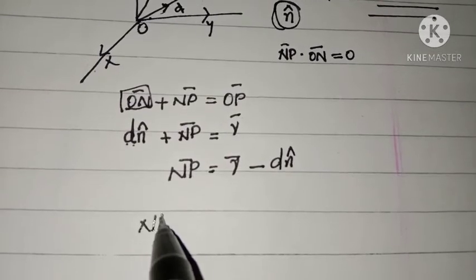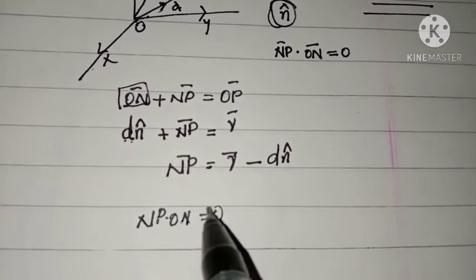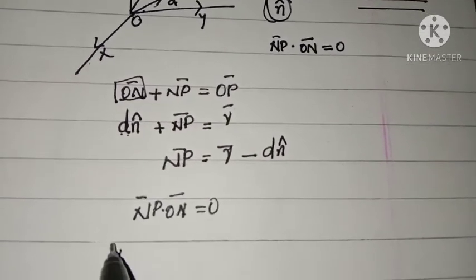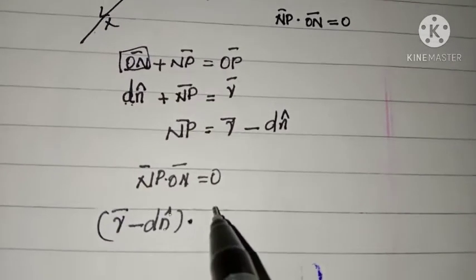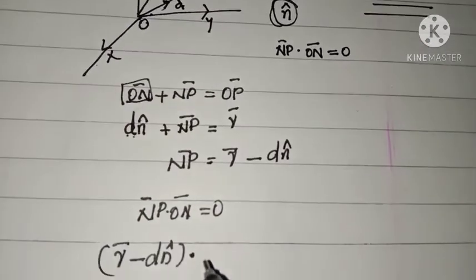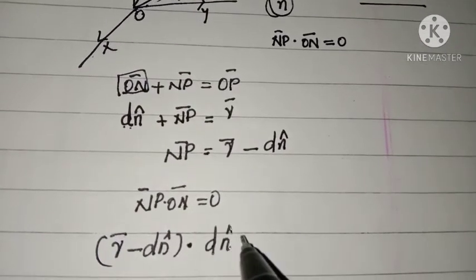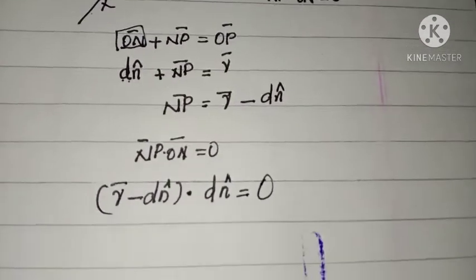So NP dot ON is equal to 0 implies NP is (r minus d n) dot ON. ON is d times the unit vector, and this is equal to 0.